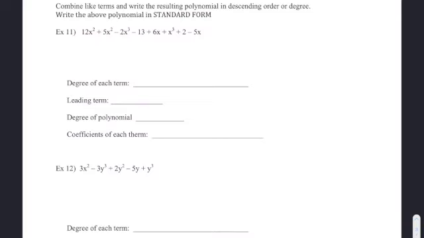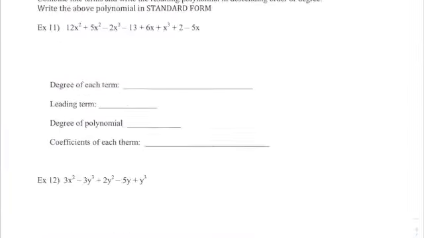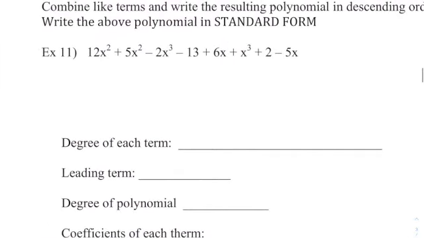So in this case, I'm going to combine like terms first, and I'm going to make sure I answer the degree of each term, the leading term, the degree of the polynomial, and the coefficient of each term. To add them, we can split them up like this.